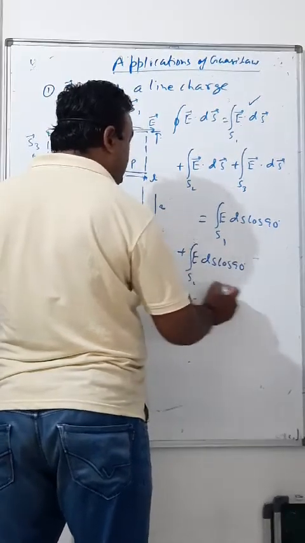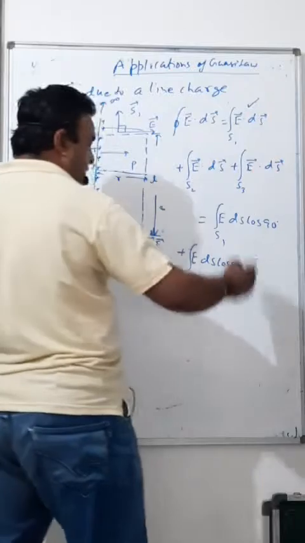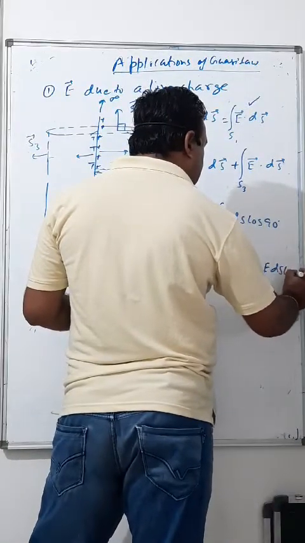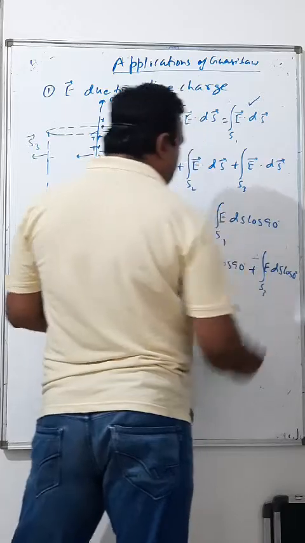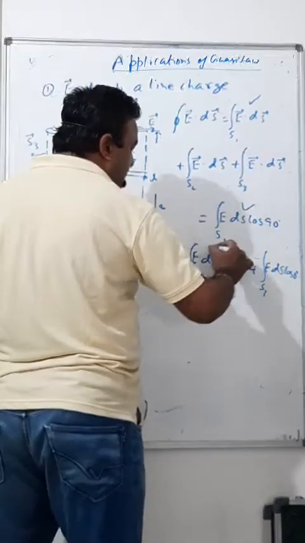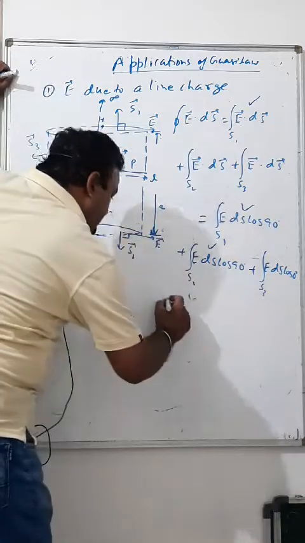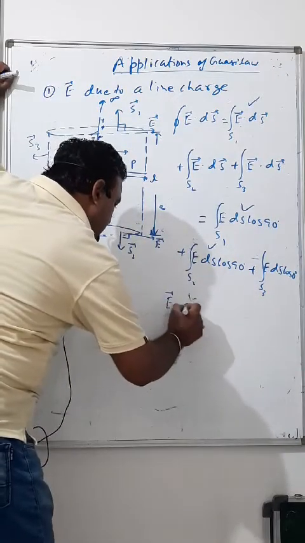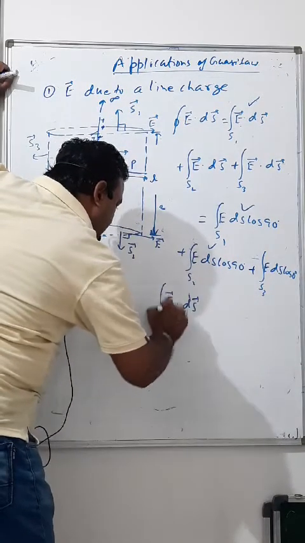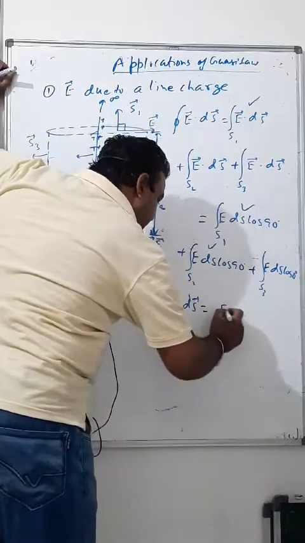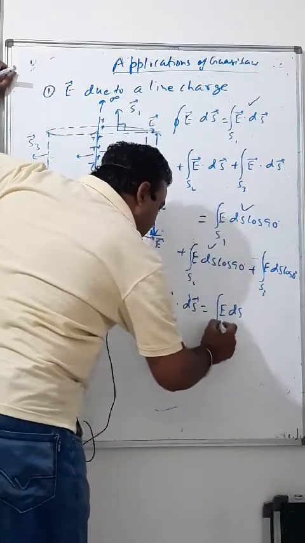And lastly for this one, we have E ds cos 0. Then these two terms become 0, and we have E dot ds equal to E ds over the curved surface.